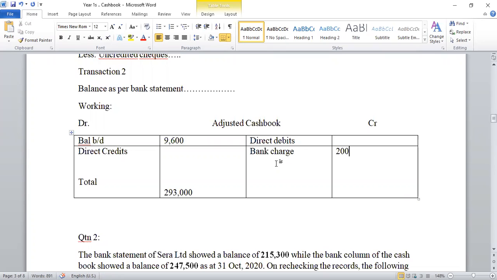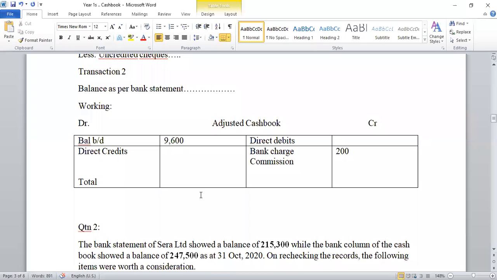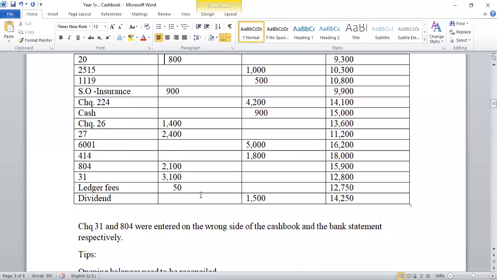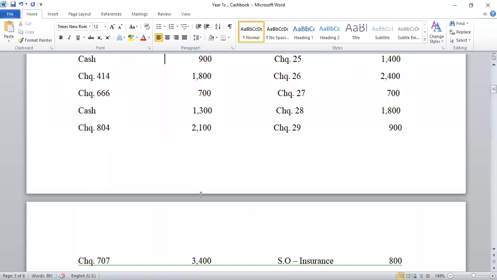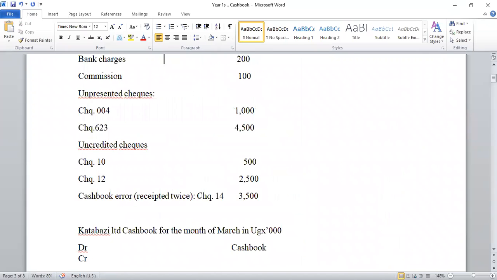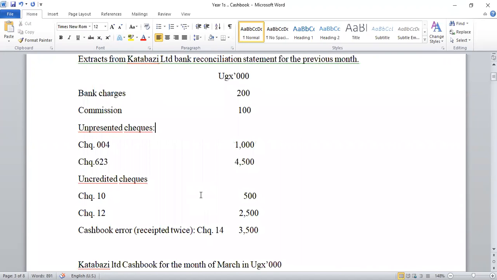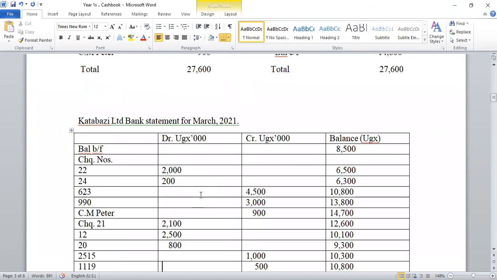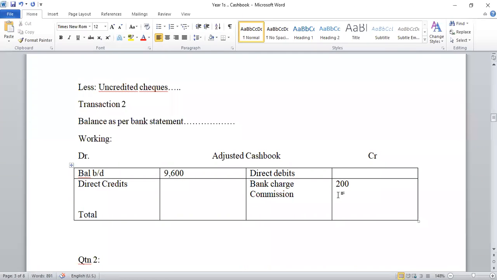I have commission, but with commission, like I told you, I'm not sure whether it is an expense or a payment or a receipt. So put it there temporarily, but be keen. Try to confirm whether it was a receipt or not, so I can confirm how much it is. Okay, sorry about the scrolling. Otherwise, that's 100, so I'll come and put 100 here.